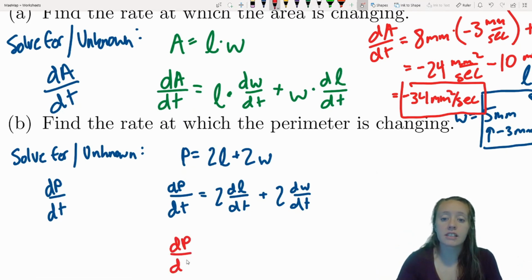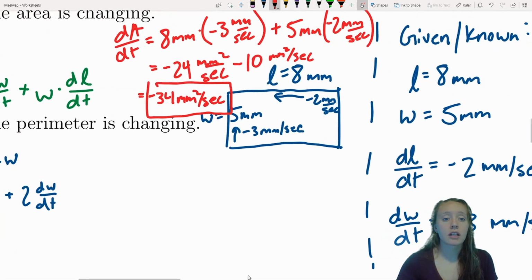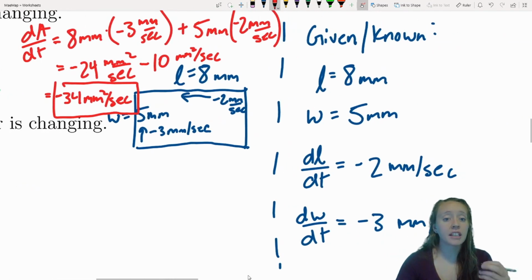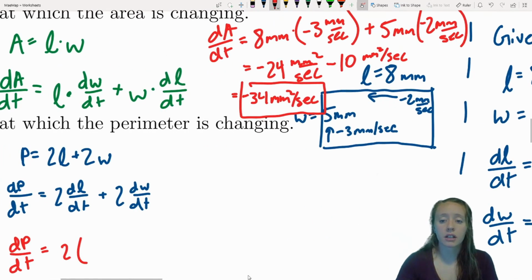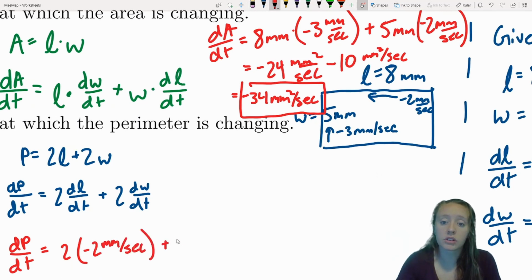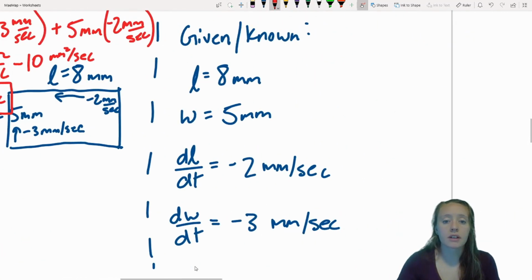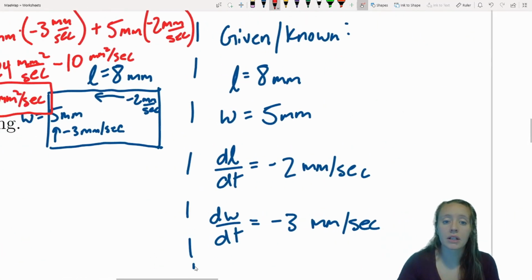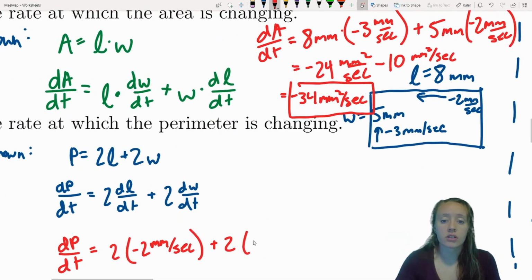dP dt is going to be equal to 2 times, what was my dL dt? My dL dt was a negative 2 millimeters per second, so negative 2 millimeters per second, and I'll add that to 2 times, what was my dW dt? That was a negative 3 millimeters per second, so negative 3 millimeters per second.